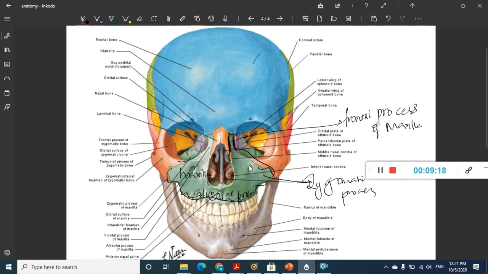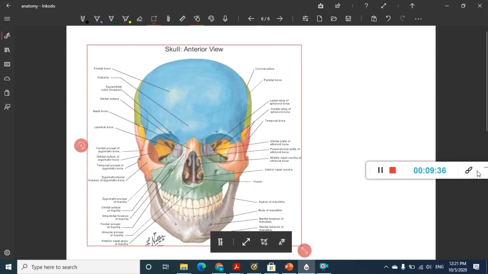And as I have already said, this maxilla has two openings in it. Those are called the infraorbital openings. Now, once we have learned about this, next we have to see the different bones and sutures of the anterior thing. So I will teach you all the sutures.